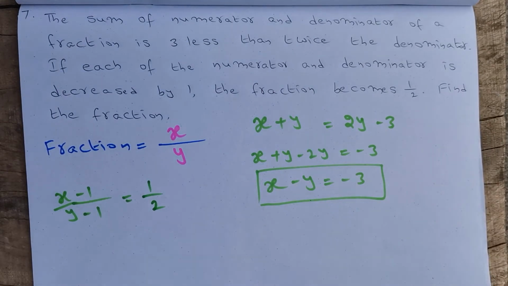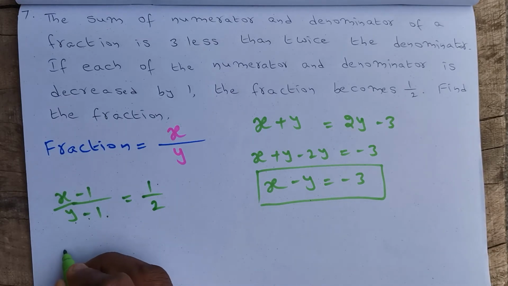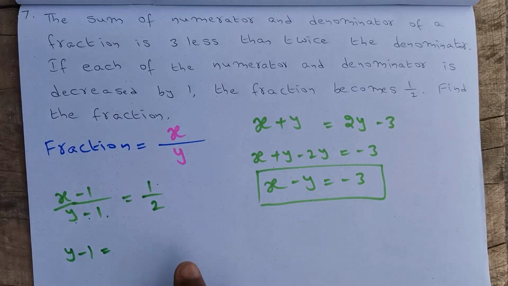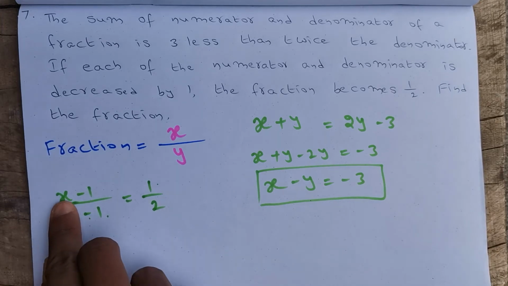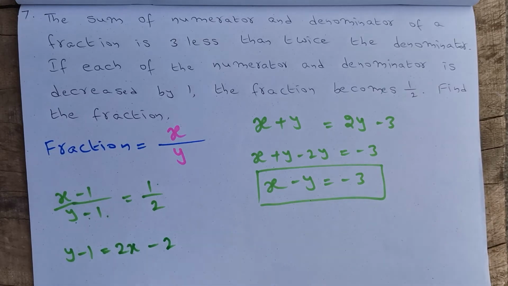Now by cross multiplication, y minus 1 into 1, y minus 1 equals 2 into x minus 1, 2x minus 2 into 1, 2. So what I will do now, here right side we have 2x, I'll keep it like that only.